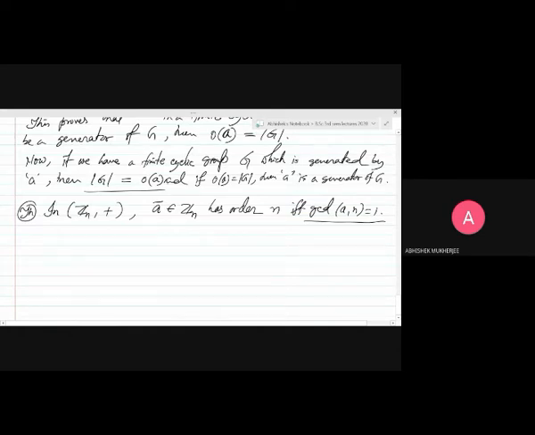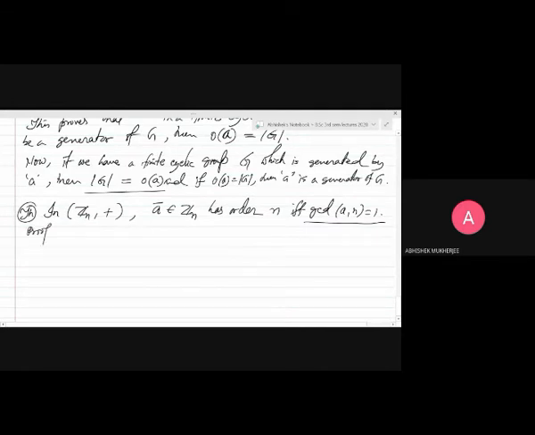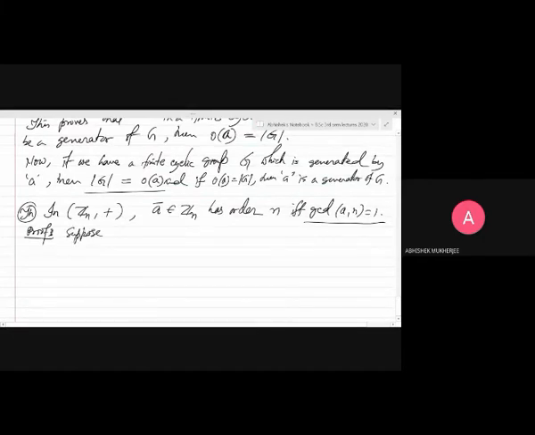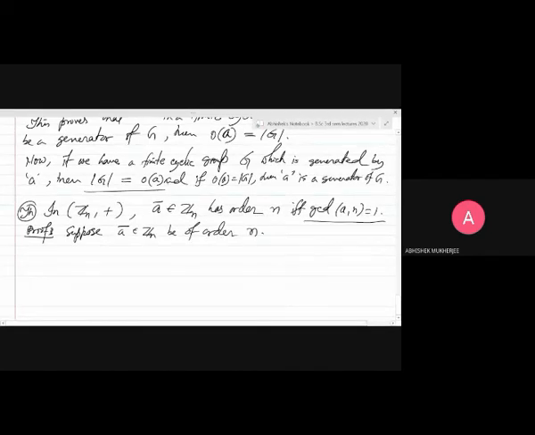Okay. So what is the proof of this theorem? Suppose a class is of order n. Then you need to prove that GCD of a comma n is 1.